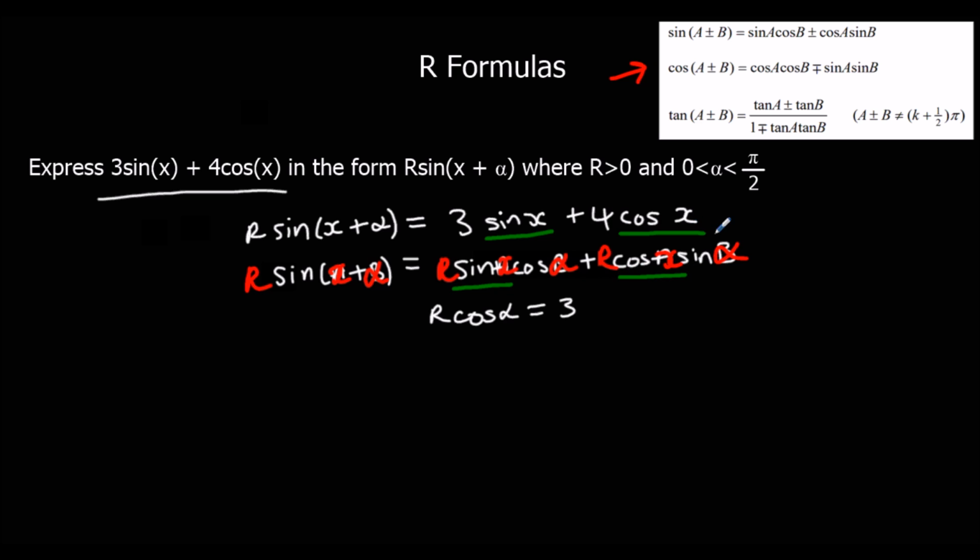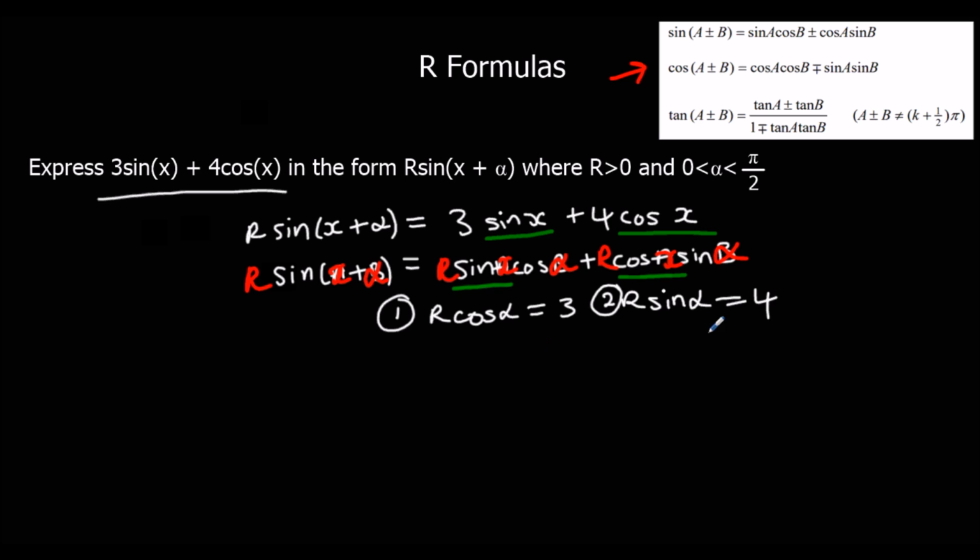We've got cos x and cos x, but we've got r sin alpha on the bottom, and we've got 4 on the top. So r sin alpha must be 4. So now we've got two simultaneous equations. We'll call them 1 and 2. And we can solve to find r and alpha.